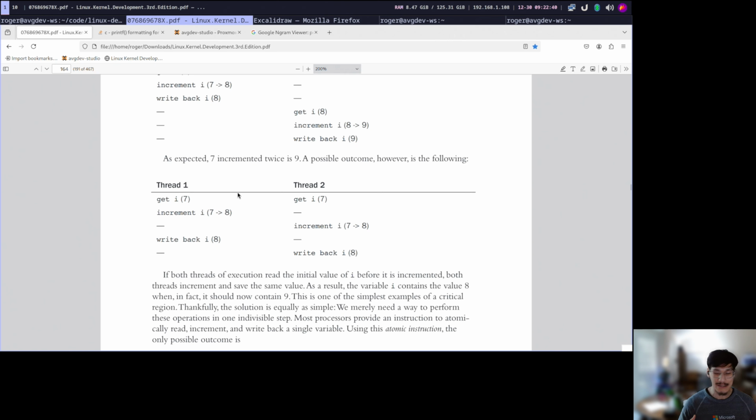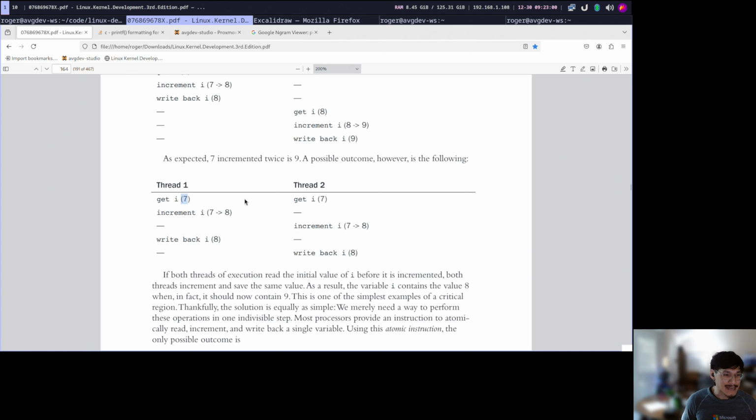Remember that every single task gets its own state of the registers of the CPU, right? So in their view of the world, they're at 7, because that's what it was in memory at the same time they picked it up.